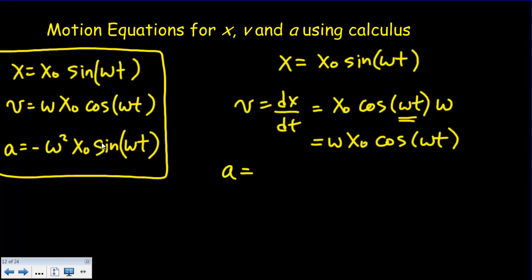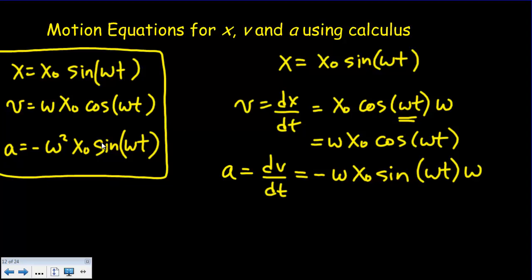a will equal dv/dt. The acceleration is the rate of change of velocity. So these two out front are constants. The derivative of the cosine is the negative sine, and the derivative of the argument is omega, so I do get negative omega squared x naught sine omega t.